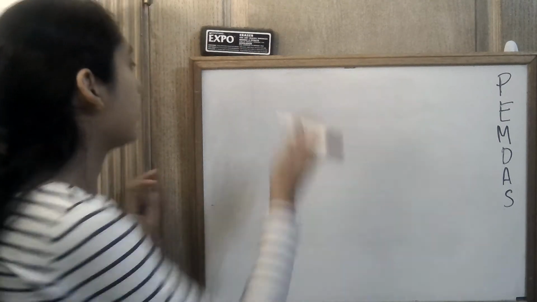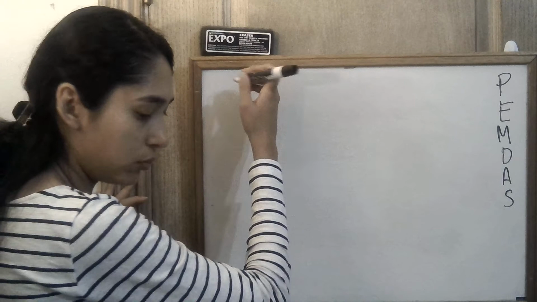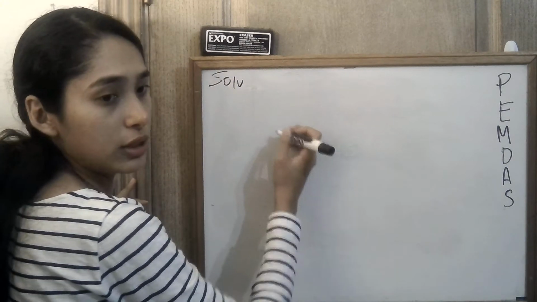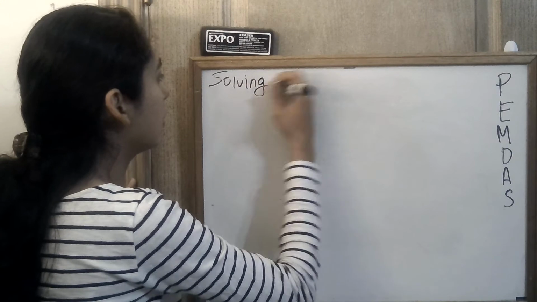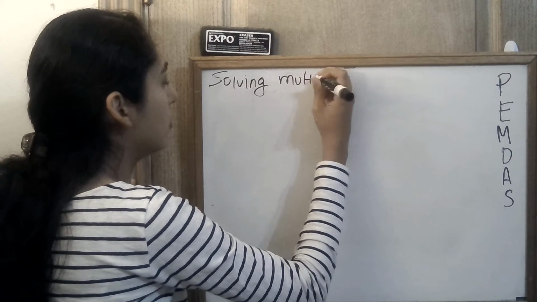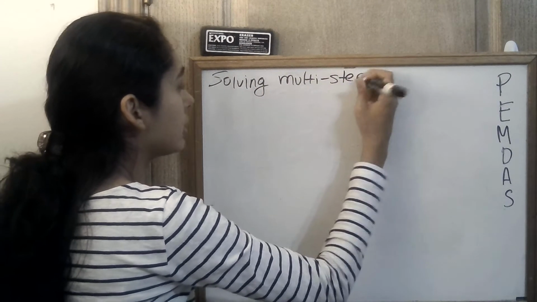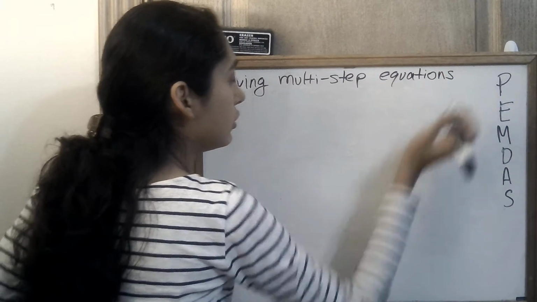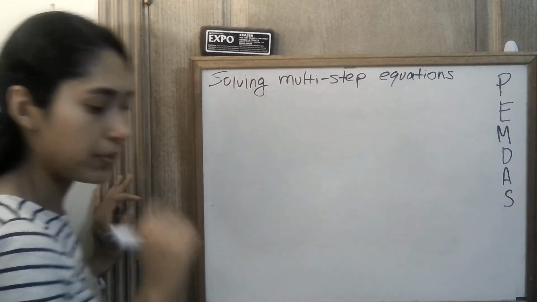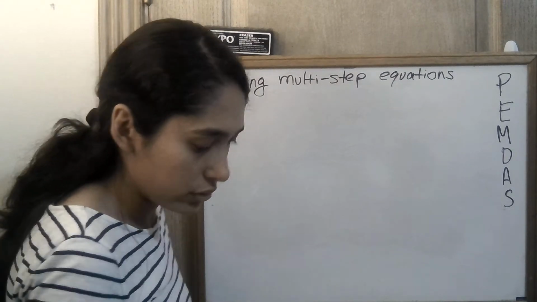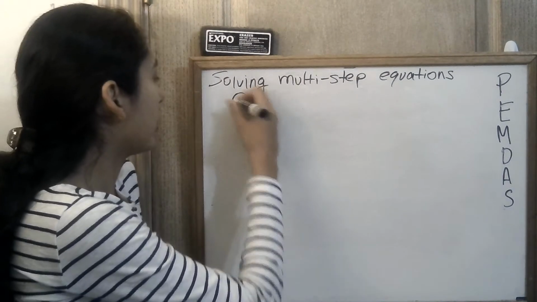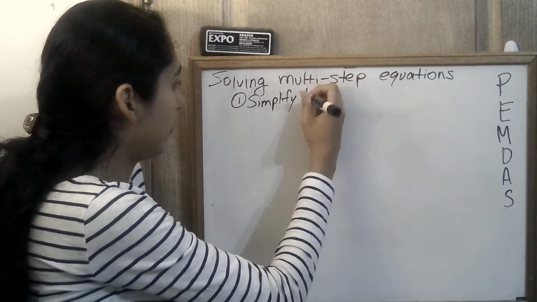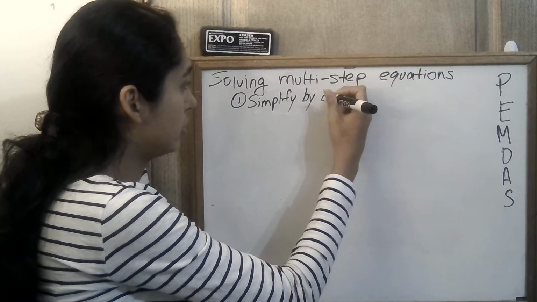So, what are our steps? Solving multi-step equations. Very good. So, we're going to first simplify by combining like terms.